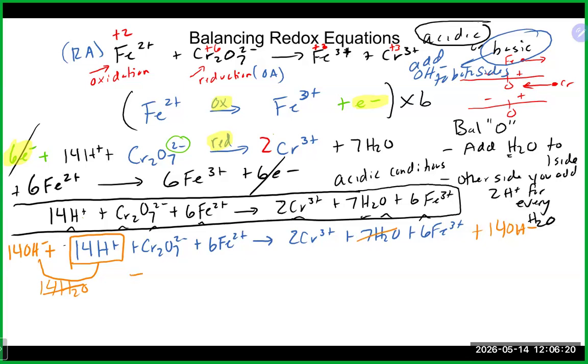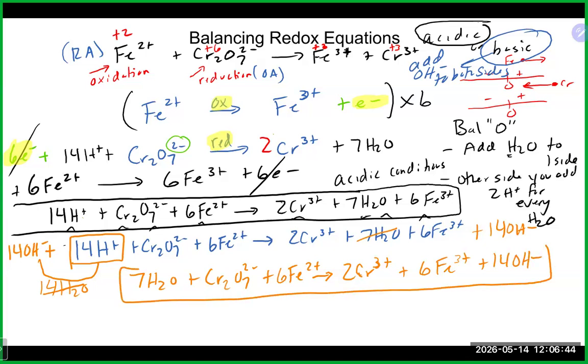And that will give me 7 waters plus my dichromate, which is still there, plus my 6 Fe2+. We'll go to my 2Cr3+ and my 6 Fe3+ and my 14 OH-.